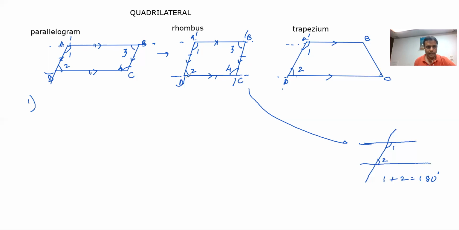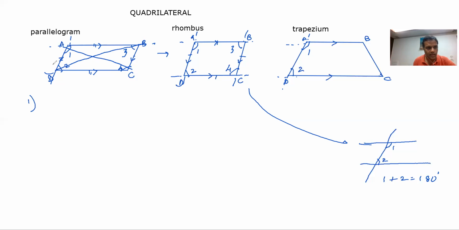Now, let me talk about the parallelogram again. Let me draw the diagonals AC and BD. Now, what is happening when I'm drawing the diagonals? They bisect each other.